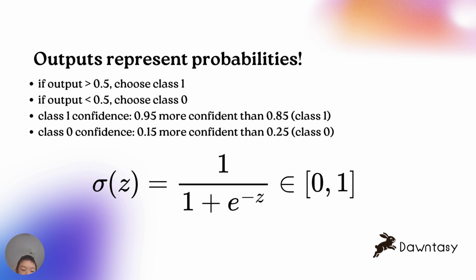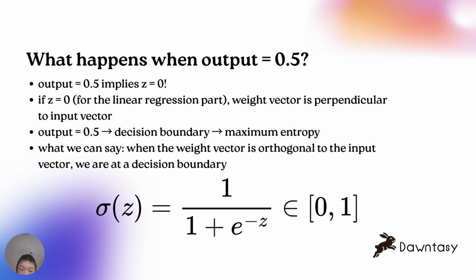So we can see that this sigmoid encodes both confidence and probability. Likewise, for class 0, 0.15 is more confident than 0.25. So basically, the further away from the middle point 0.5, the more confident it is, because 0.5 is like the decision boundary.